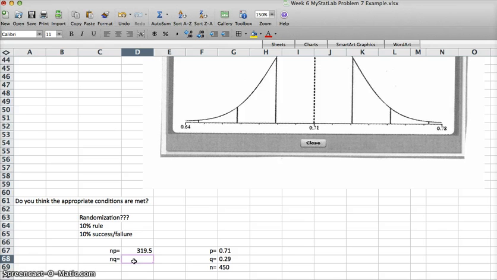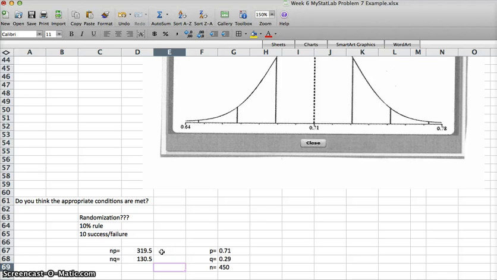And also N times Q. So here again, equals N times Q. Enter, and that's 130. And I know right here it says 10% success failure, but it should be just 10 successes and failures. There we go. And of course 319 and 130 are way over 10.